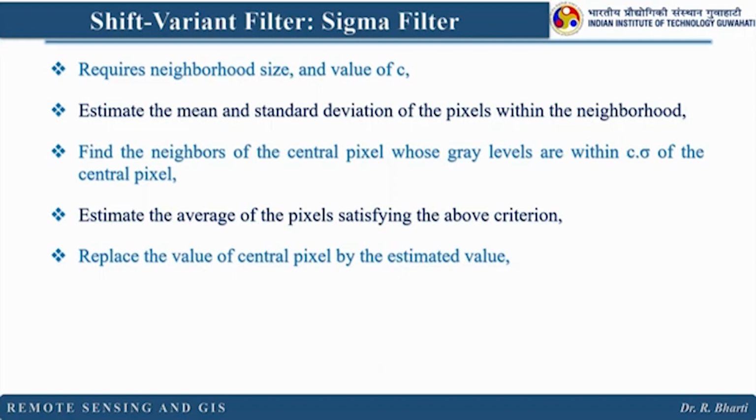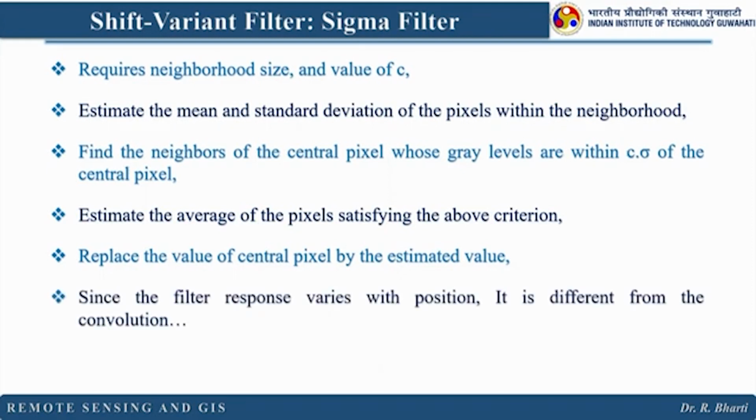Likewise we will perform this for the whole image, right. Since the filter response varies with position, it is different from convolution. Remember, this is not convolution. Why? Because filter response varies with position. This is very important.